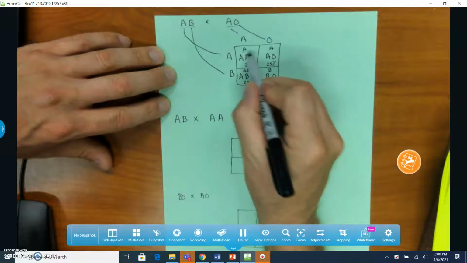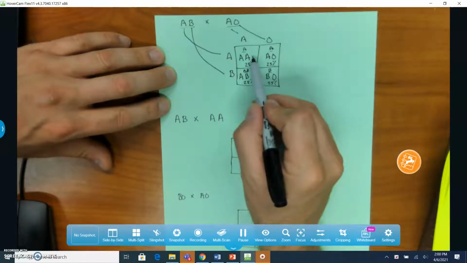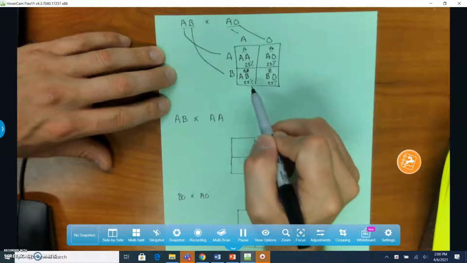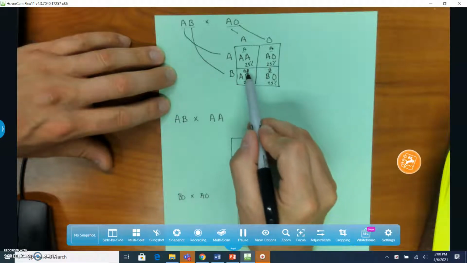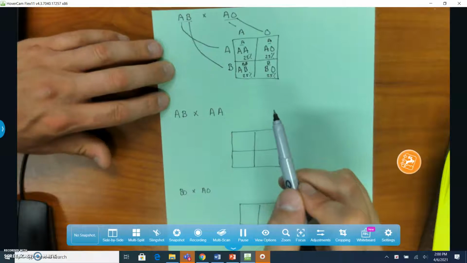So when I look at it at this level, I know now that 50% of the offspring will have type A blood, 25% will probably have AB blood, and 25% will have type B blood.